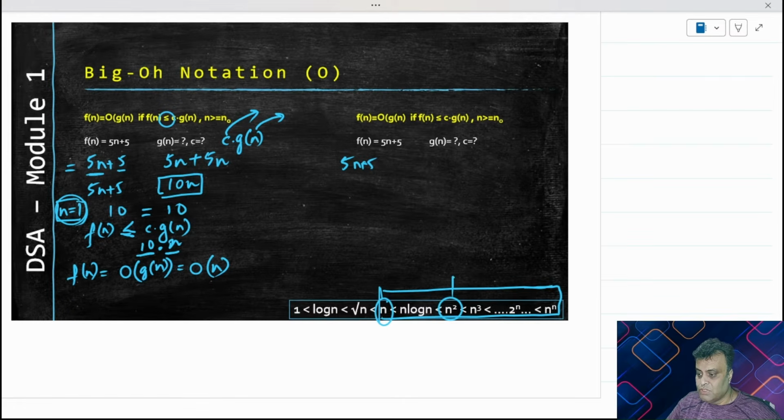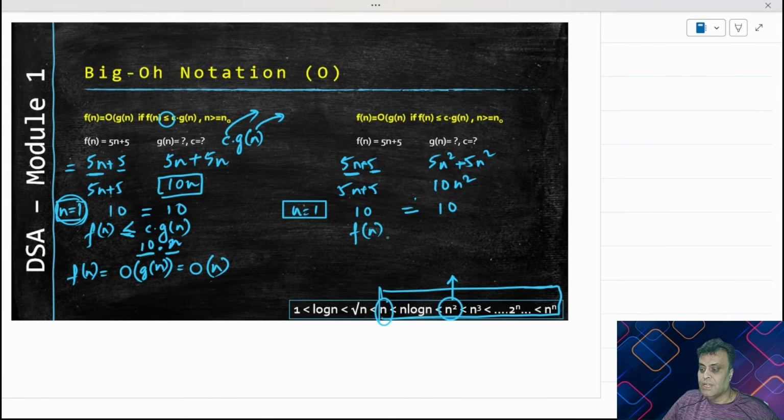Now if you want to prove this as n square, because you already know this is n, then just make the right side 5n square plus 5n square. So you have 5n plus 5 and you have 10n square. Put n equal to 1. As soon as you do that, this becomes 10 and this becomes equal to 10 on the right side also. So what did you satisfy?